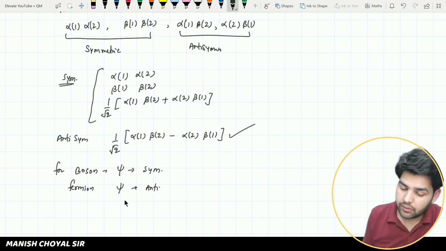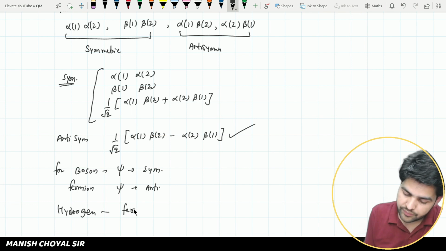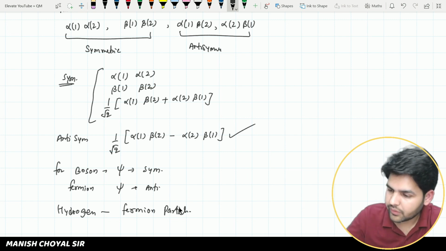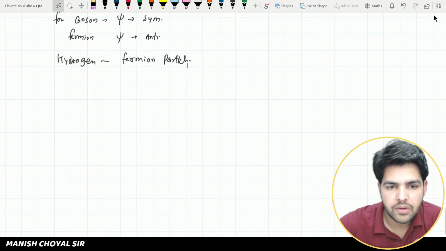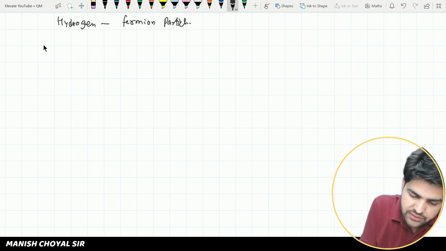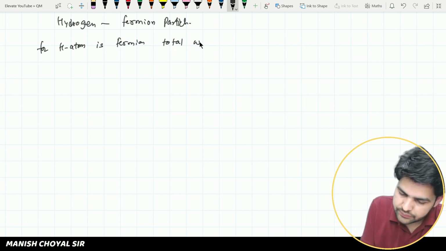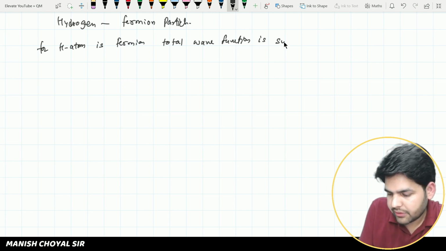Okay, so we already know the hydrogen atom is a fermion particle. So for hydrogen, the H atom is a fermion, and the total wave function is antisymmetric.